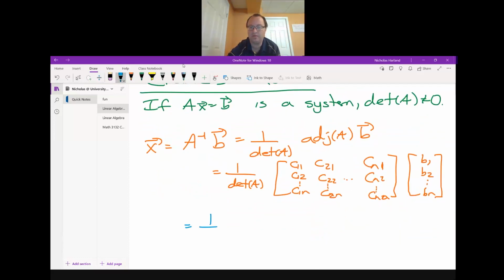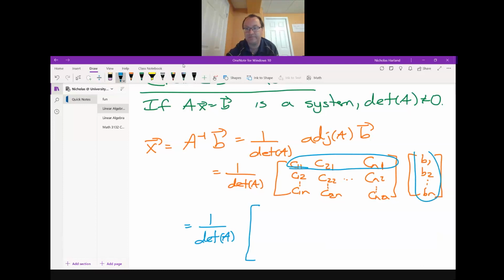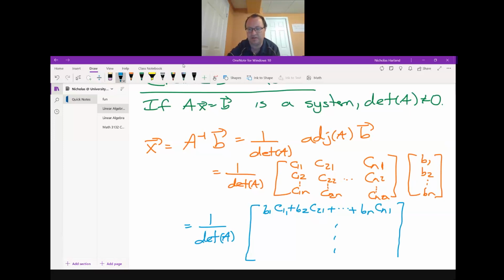So we'll get 1 over the determinant of A. For the first entry, we take the first row times the only column. So that's B1 C11, plus B2 C21, plus all the way to Bn Cn1. And similar stuff down the line.